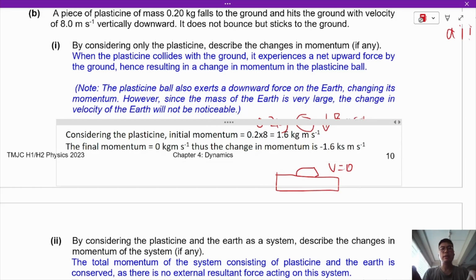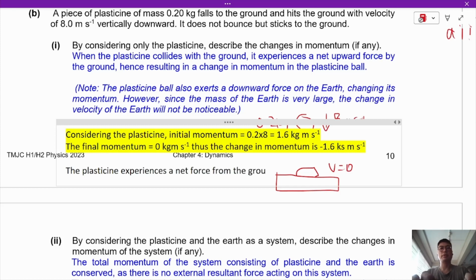Now, what does this mean? This means that the plasticine's momentum has changed. So why has it changed? The reason is that the plasticine experiences a net force from the ground.